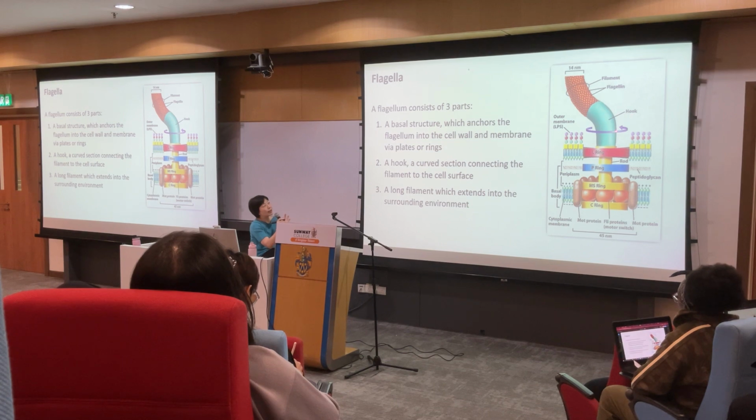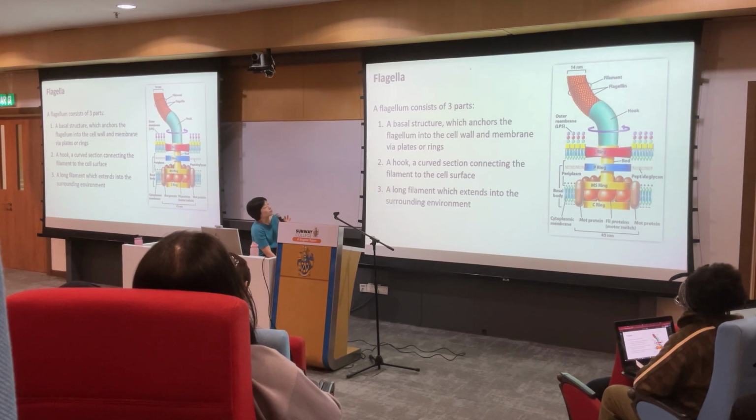The hook is connected to the rod. The rod is actually inside the ring. The last part is the so-called filament. The filament is basically the flagellum itself, the part used for swimming. Okay, very simple, three parts. No need to memorize the structure, I just want you to know how they look.